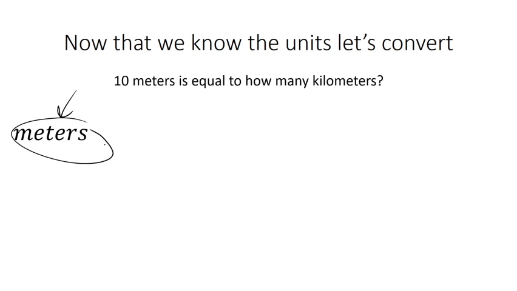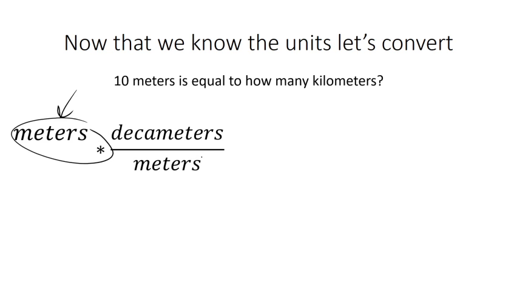Whatever unit we start with here in the numerator, that we're looking to get rid of or convert, when we have our conversion factor, which usually looks like a fraction, we want that to be on the bottom so it cancels out, because we can cancel out across an operation. We can treat this like it's over 1 because you can just put anything over 1. It's perfectly fine in mathematics.